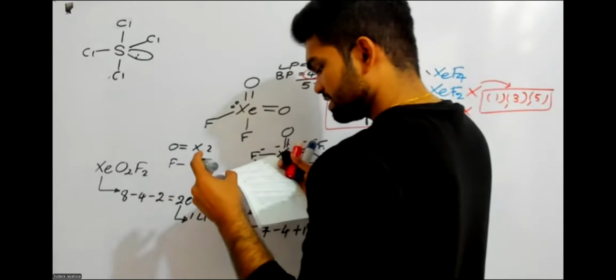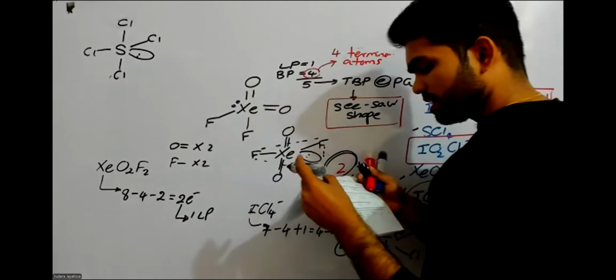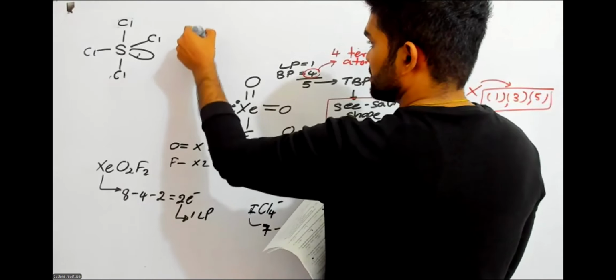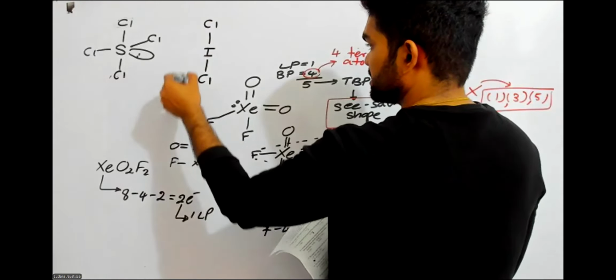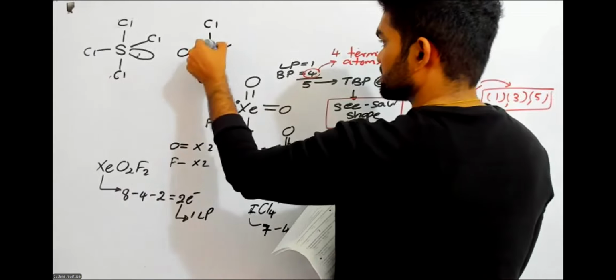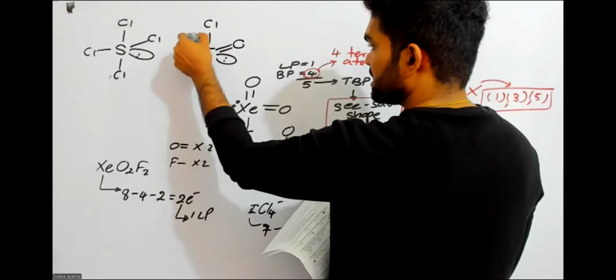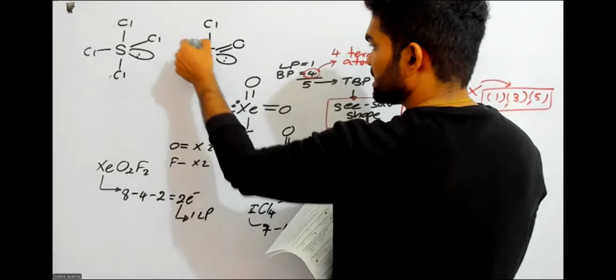And the other structure is IO2Cl2 minus. There's a lone pair and there'll be 8 electrons around this iodine. That's why the negative charge is there. And then XeOF3.